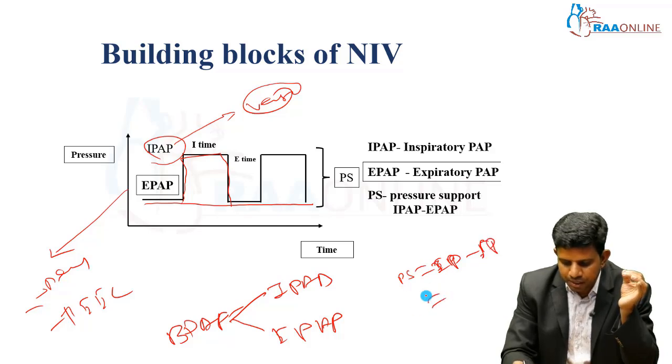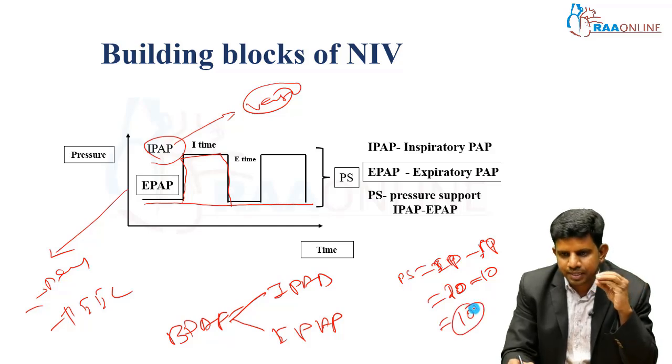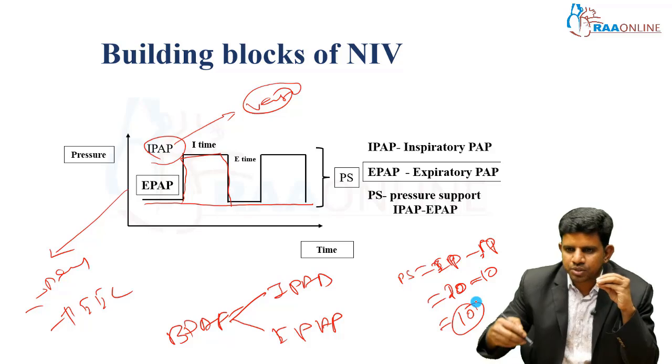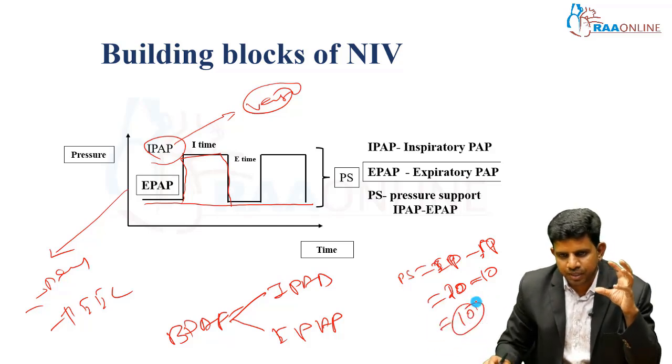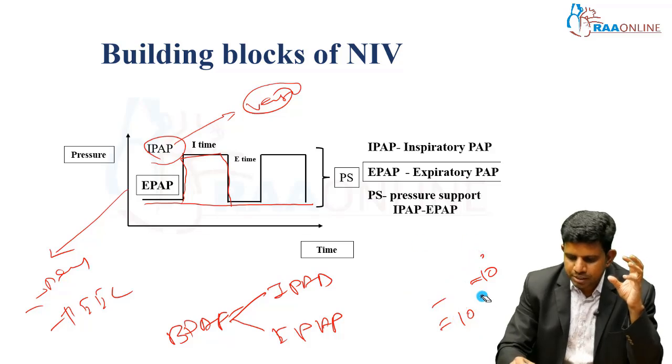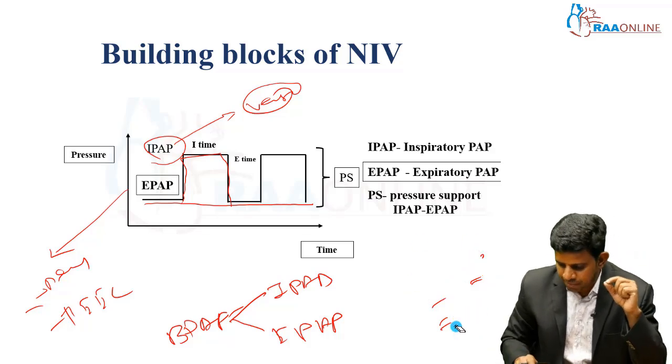Pressure support is IPAP minus EPAP. If my IPAP is 20 and my EPAP is 10, my pressure support is 10. So the patient is on ICU ventilator pressure support of 10, and when changing to the BiPAP machine, I have to set an IPAP of 20. This pressure support will determine my tidal volume.